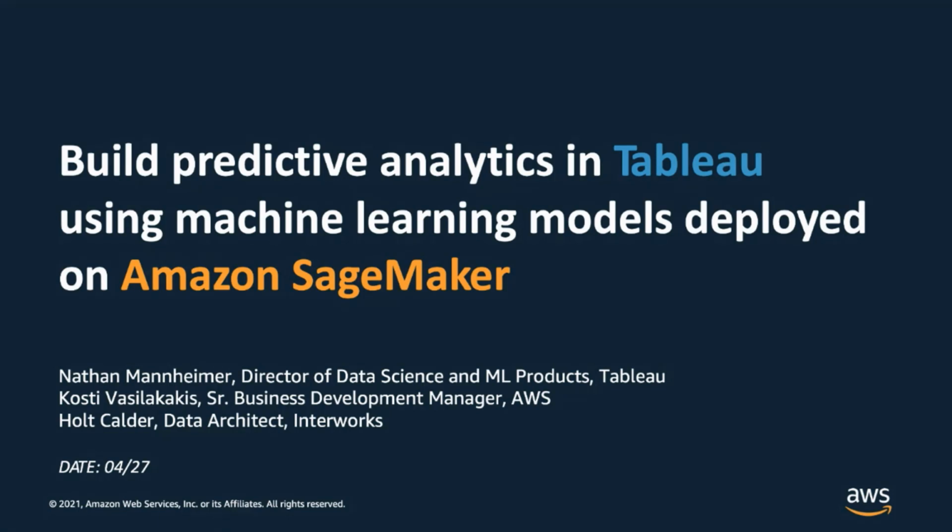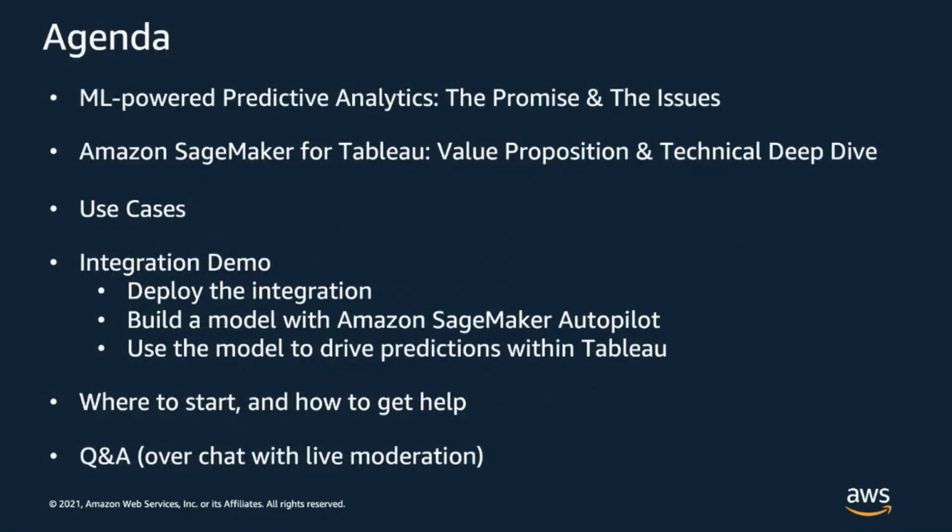Thanks, gentlemen. Now let's see what we will cover today. We will start, first of all, with the promise and the fundamental issues of enabling machine learning powered predictive analytics across the organization. There has been a lot of discussion of how customers can do that, and also discussion about the impediments of our customers not being able to fully materialize that vision.